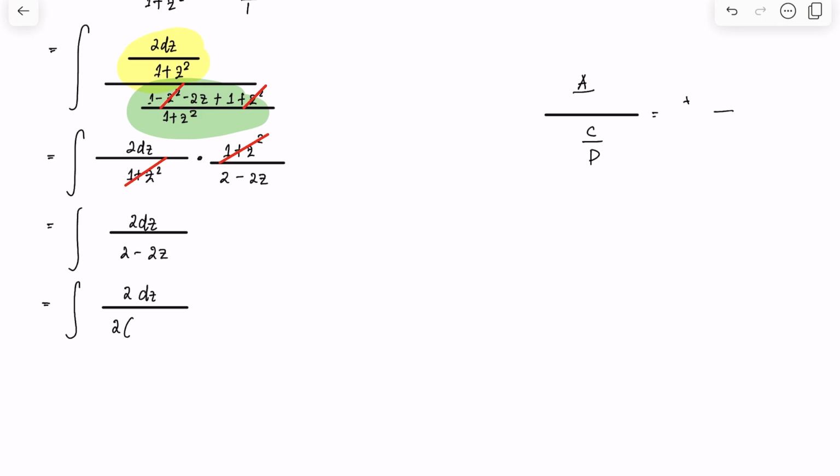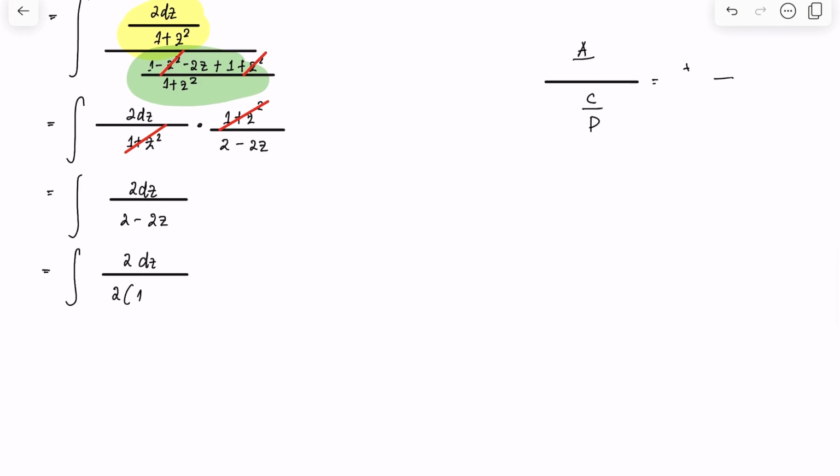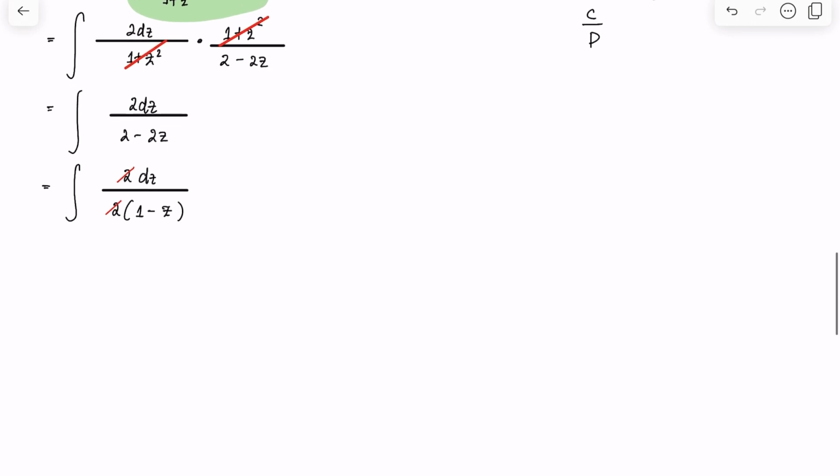So what's going to happen to the expression in the denominator? We got 2 times 1 minus z. Alright, so you can see that the constant 2 will cancel out. So our integral now is a very simple integral of dz all over 1 minus z.